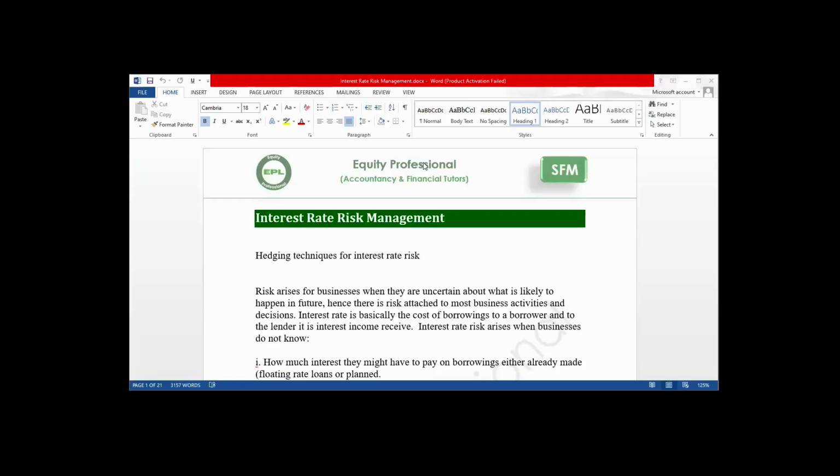Risk arises for businesses when they are uncertain about what is likely to happen in the future. In other words, all business decisions involve element of risk.